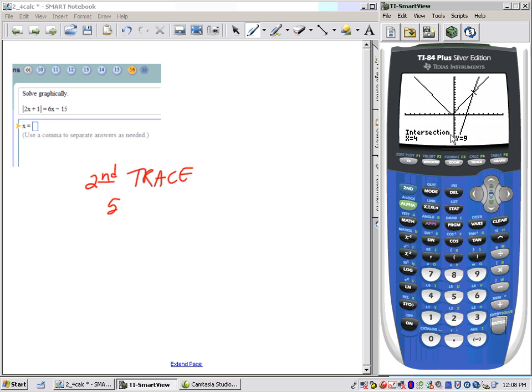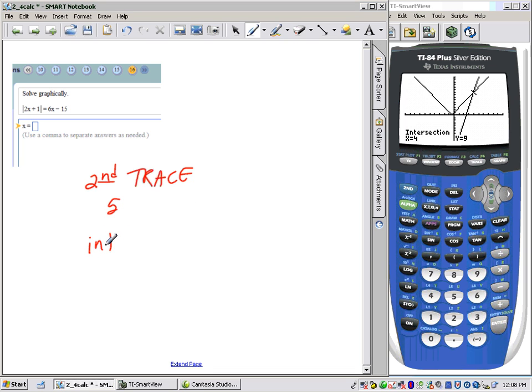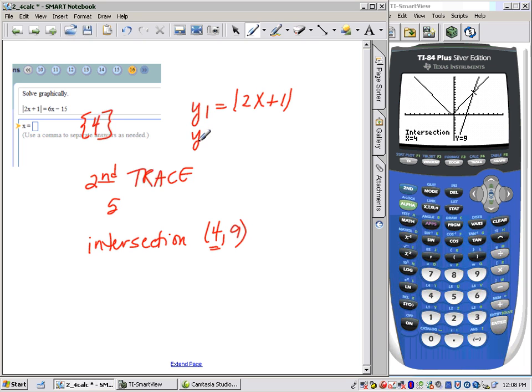So look, it says the intersection is 4, 9. So what does that tell us about the solution for that equation? The solution is only the x value, so the solution is 4. Okay, so that was where I entered y1 to be absolute value of 2x plus 1, and y2 was 6x minus 15, and then we found the intersection of their graphs.